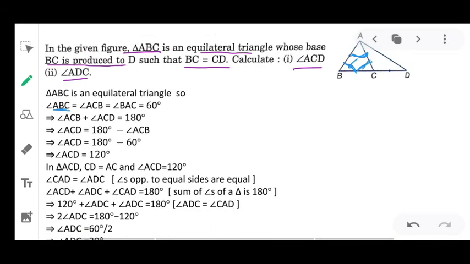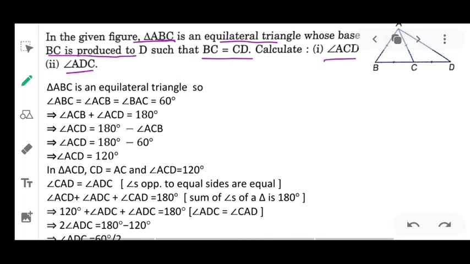Now angle ACB plus angle ACD is 180 degrees.